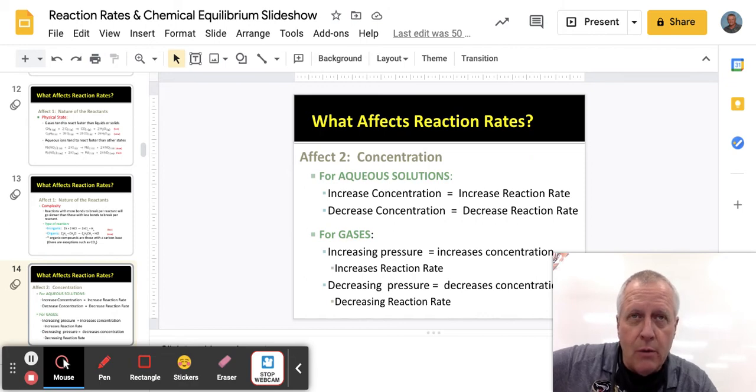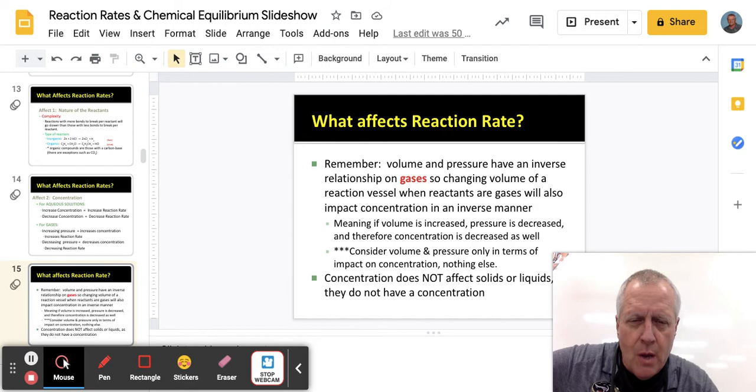Gases react pretty fast because all the atoms have access to each other. And then pressure can play a role. If you think of the higher pressure, that's going to increase the reaction rate.